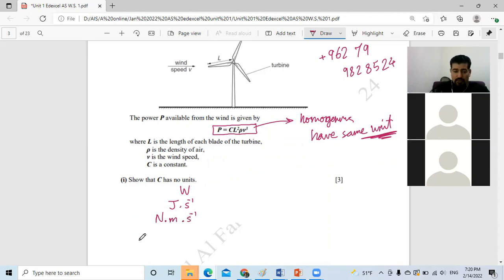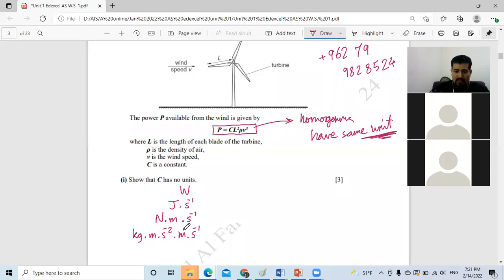And Newton is kilogram dot meter per second square, which is mass times acceleration, multiplied by meter per second.